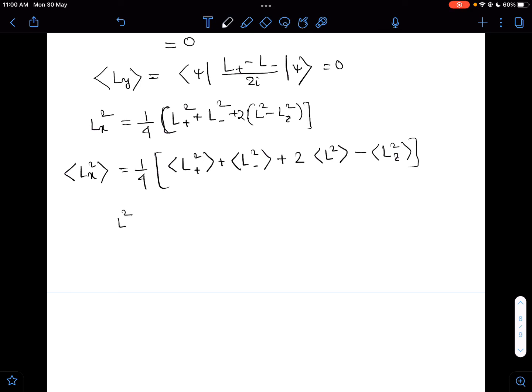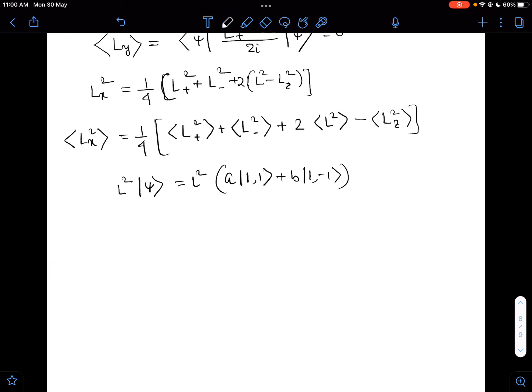If we act this L squared on psi, we will get A|1,1> plus B|1,-1>. So L squared gives us l(l+1)ħ² A|1,1> plus l(l+1)ħ² B|1,-1>.